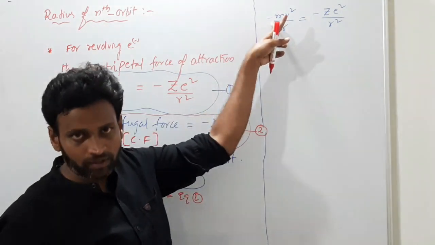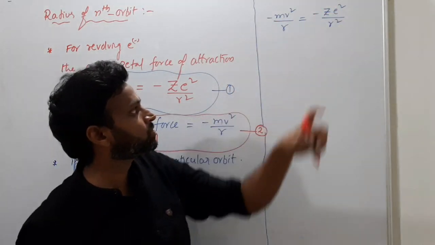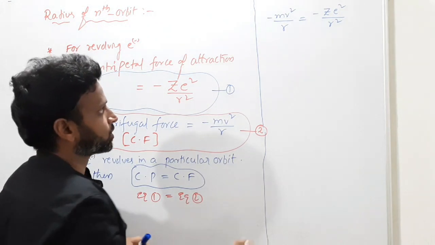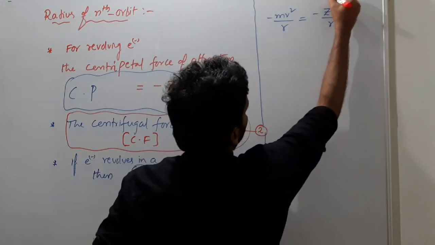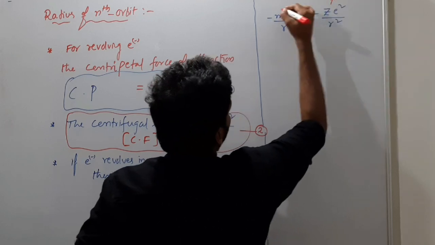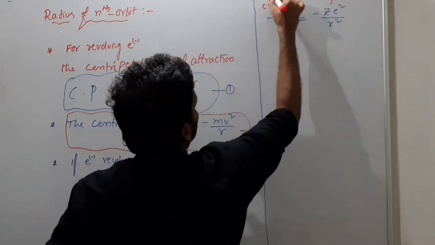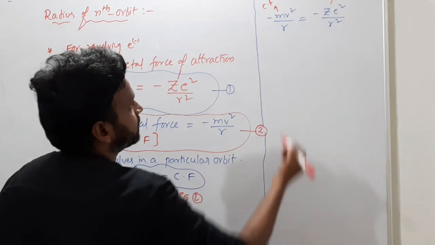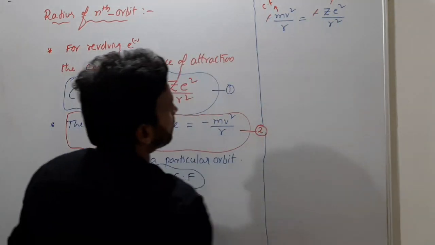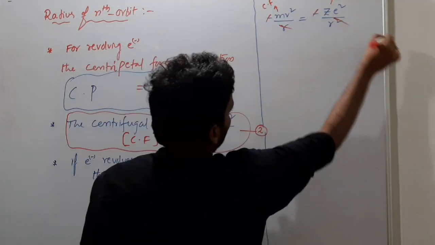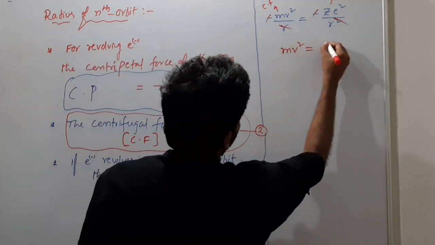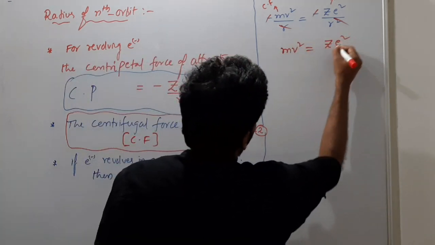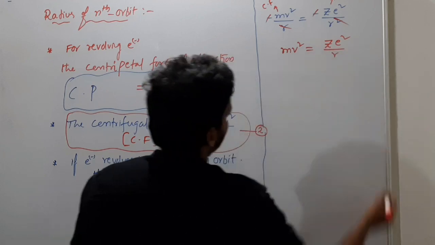So equation 2 I wrote here: minus mv square by r is equal to minus Ze square by r square. This force is called centripetal force and this force is called centrifugal force. So this negative and negative will cancel and r square will cancel. So mv square is equal to Ze square by r.